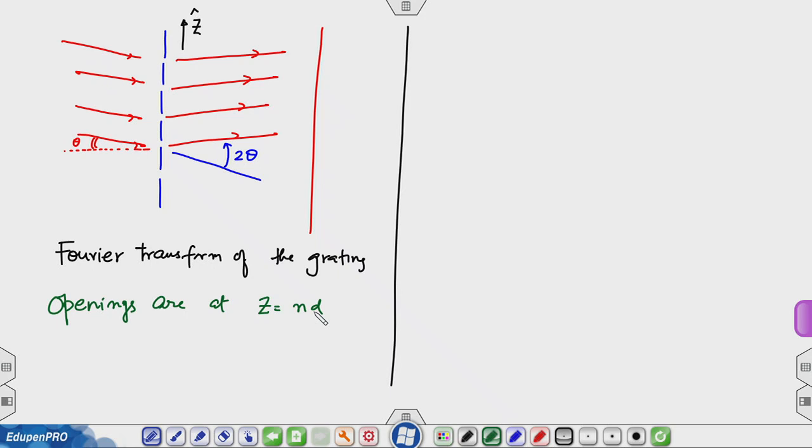So, I can write that the wave coming from each of these openings has some sort of an amplitude delta z minus n d, because it is coming right from that z, and take its Fourier transform.